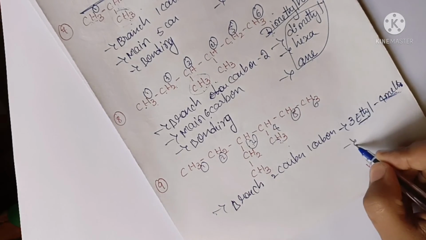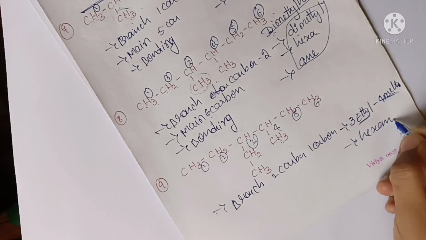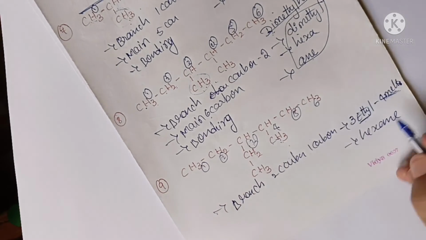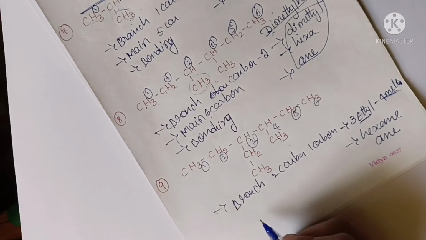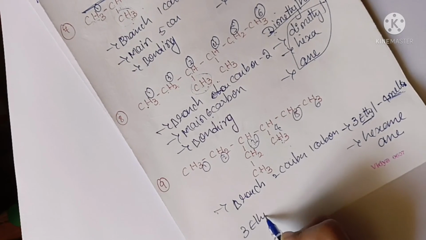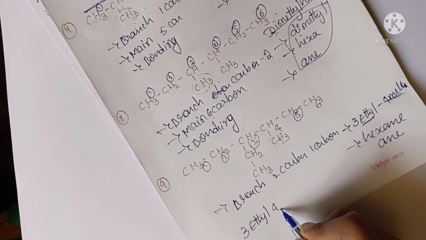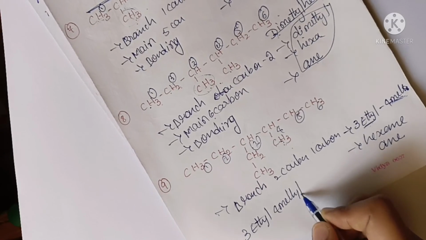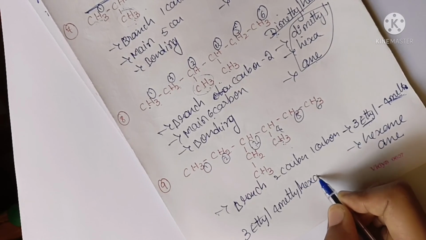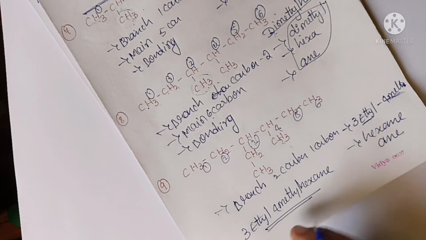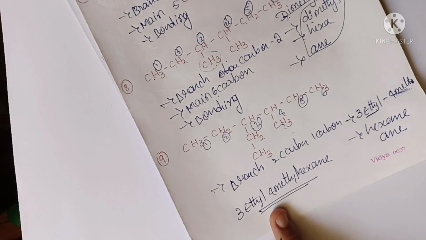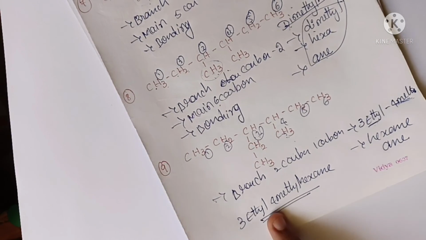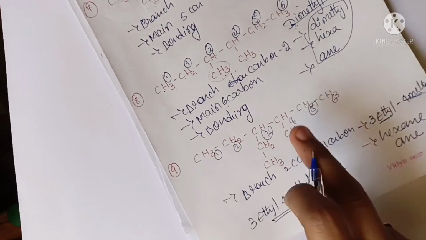In the main chain, how many? Hexa. There is no double or triple bond here, so ane. So 3-ethyl-4-methylhexane. This one is the answer. This is how we have to mention it. Okay.